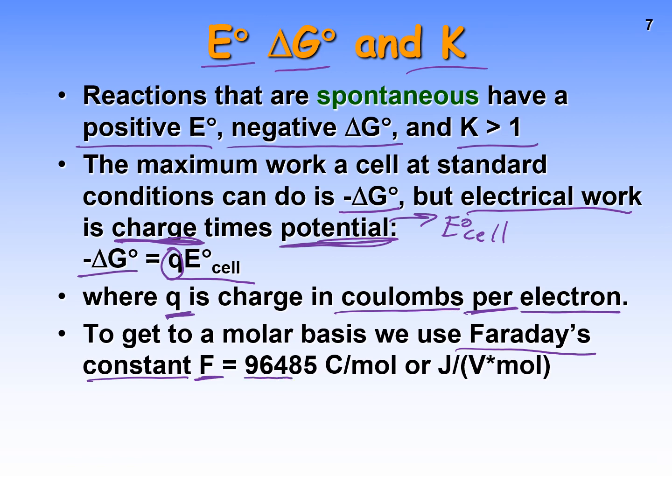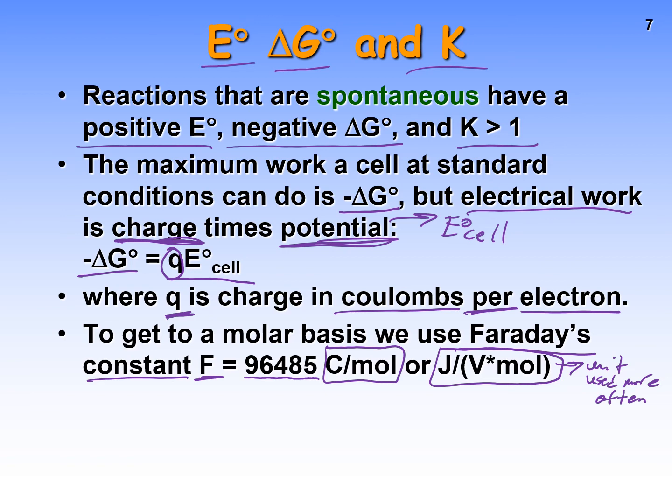Faraday's constant is 96,485 coulombs per mole, or joules per volt per mole. This is the unit we like better. It's one we use more often, but both are totally equivalent. You could use either one.